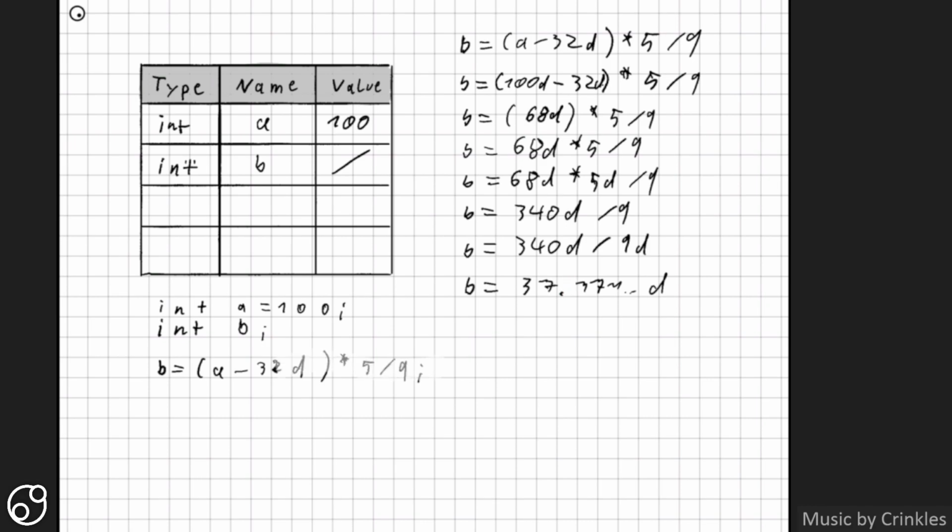And then I have to remove all this and make this a bit bigger again. How that works is we write brackets, and in those brackets we put the data type we want. And because I want to have the whole term converted, I have to add another set of brackets around. A minus 32d times 5 divided by 9.